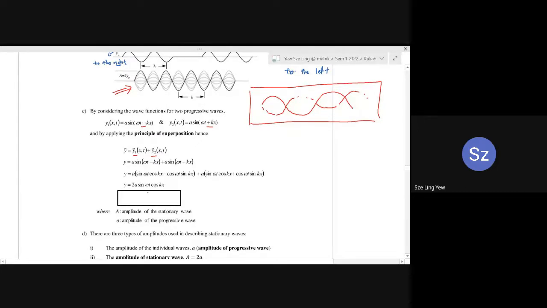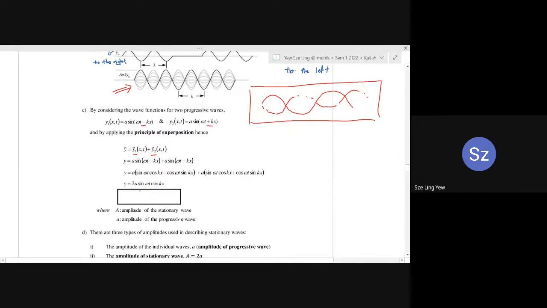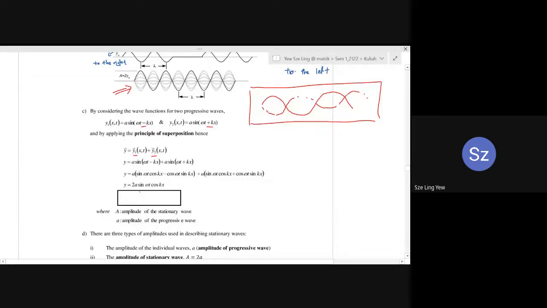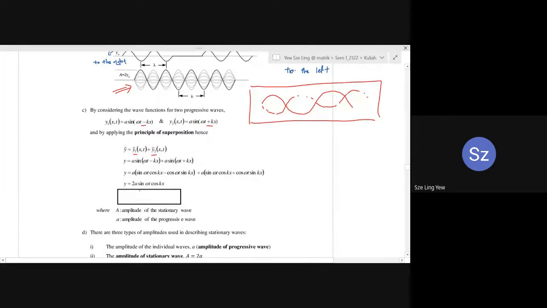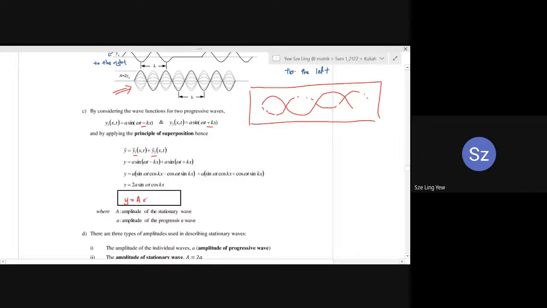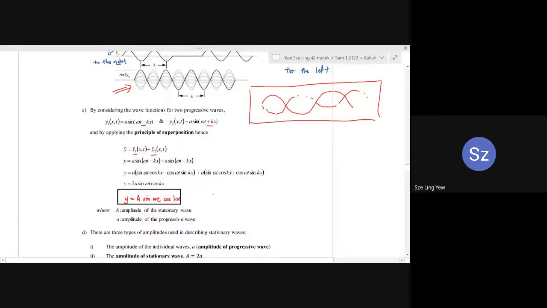So the equation that you should put in the box, after you expand it, is y equals A sine omega t cos kx. But you have to be extra careful.